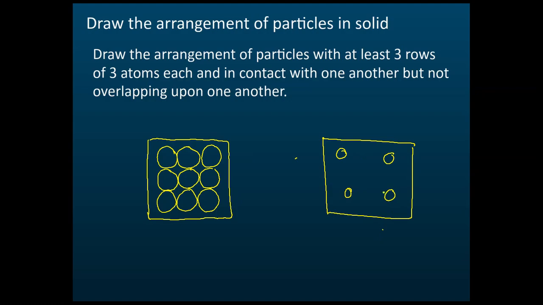Now for gas, if you draw this, wrong. Or like this, wrong. Why? Because it shows that the particles are arranged in an orderly manner. Cannot. You must show that the particles are random. So how to show?